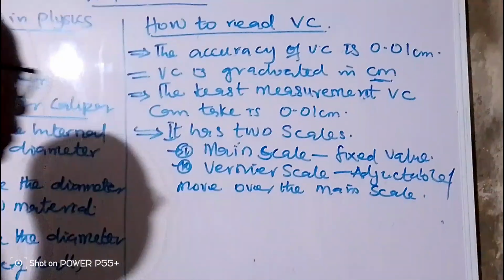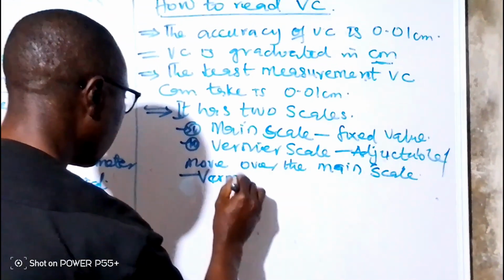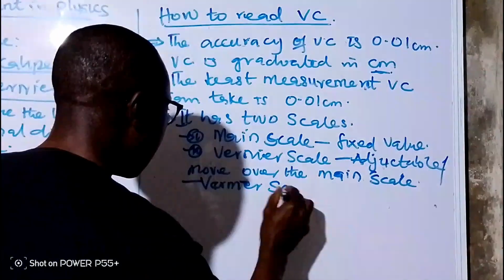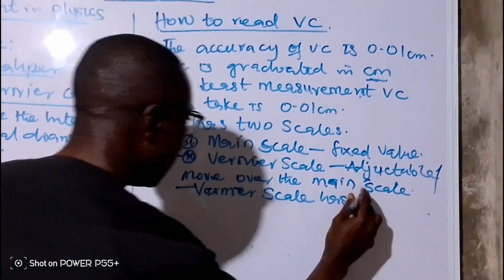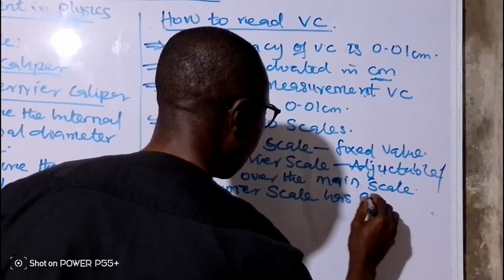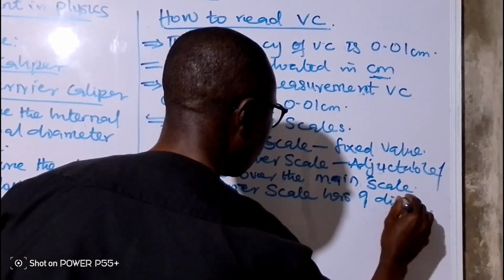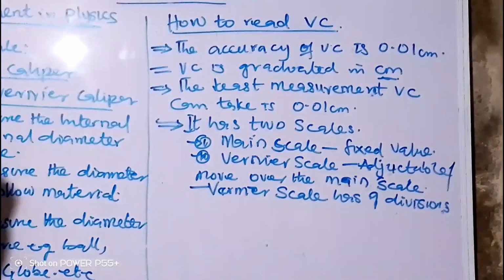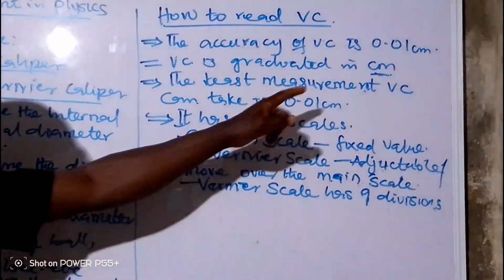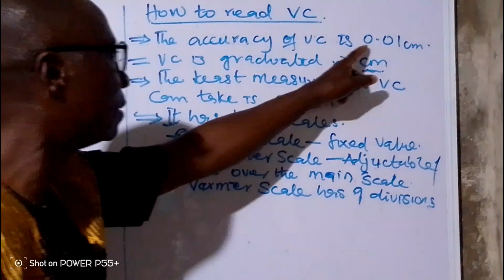The vernier scale has 9 divisions. Each division, according to the accuracy, is 0.01 centimeter.